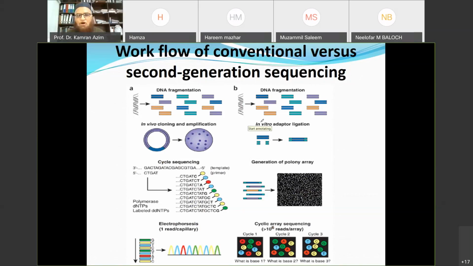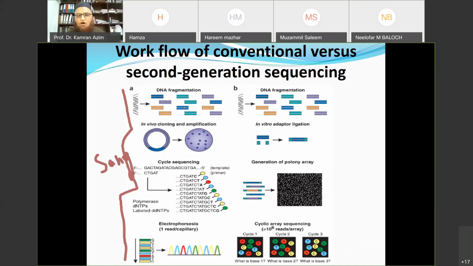This is the Sanger sequencing method, and this is NGS.